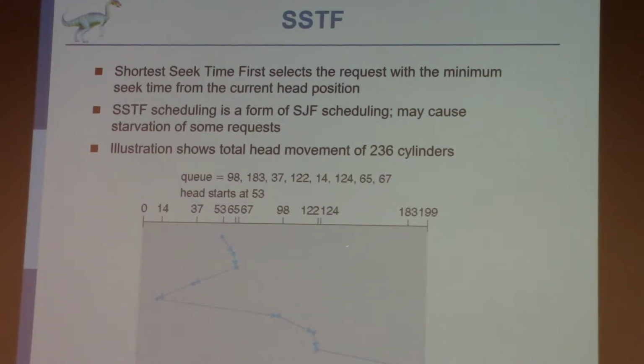We read the data from the queue, choosing the nearby one with the shortest seek time. If you sum up all this trajectory, the moving distance will be 236.